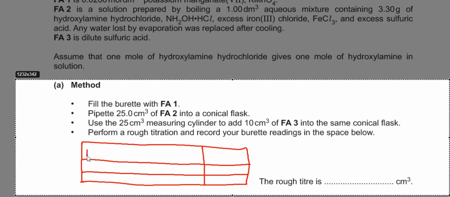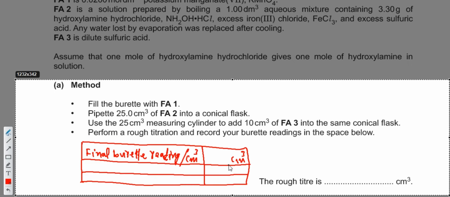Here you have to write, this is fixed, no need to remember anything other than this: final burette reading, then slash cm cube, or final burette reading in centimeter cube.